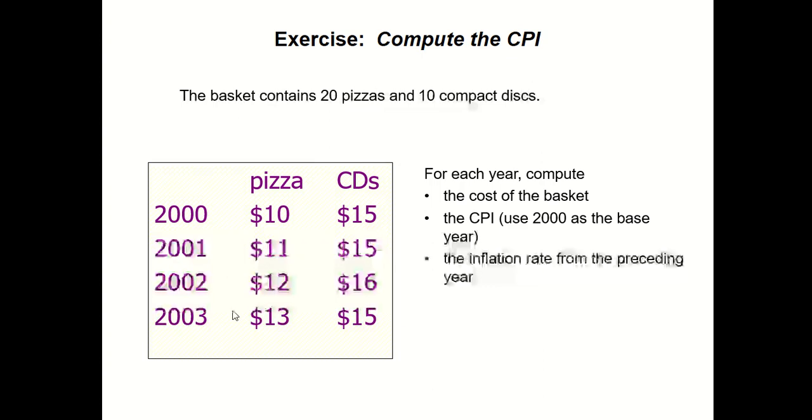For year 2002, the cost of pizza is $12 and the cost of CD is $16. And for year 2003, the cost of pizza is $13 and the cost of CD is $15. Now by using this data, we have to calculate cost of basket, CPI and the inflation rate.